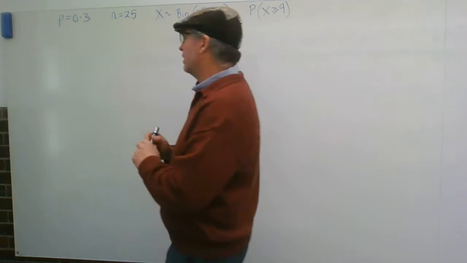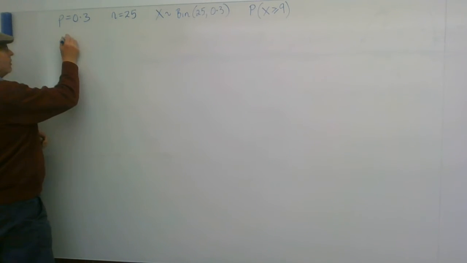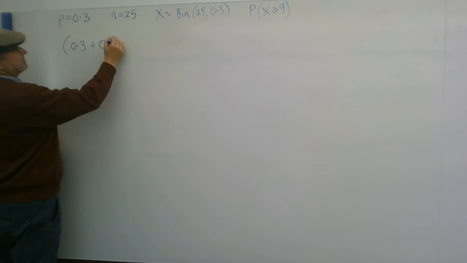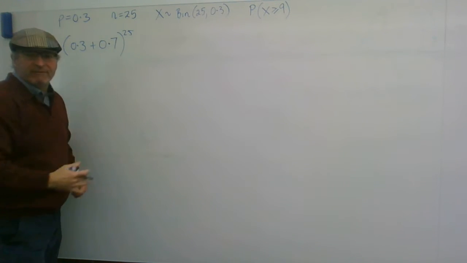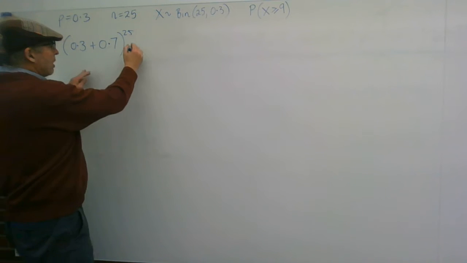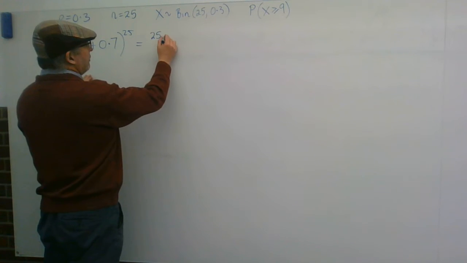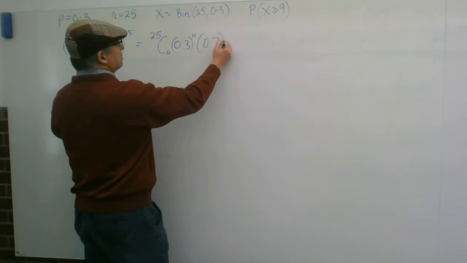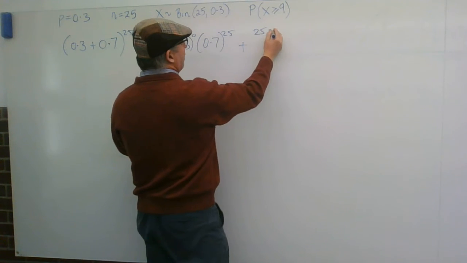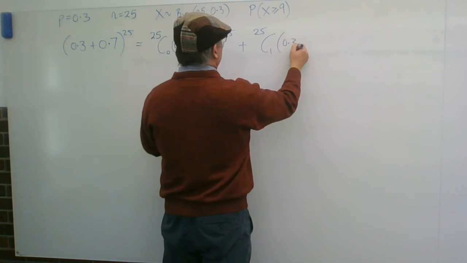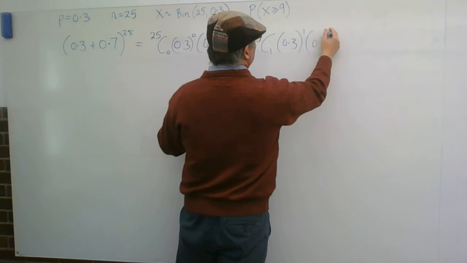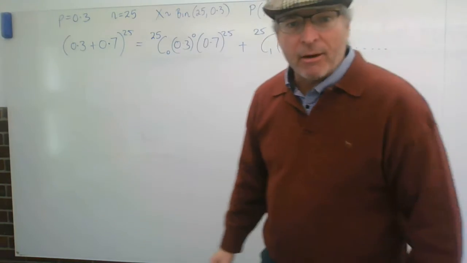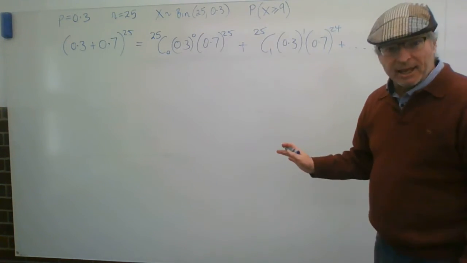I'll explain what I mean. This is a binomial, so success is 0.3, failure is 0.7, and it's to the power of 25. When you go along, you get 25C0 times 0.3 to the 0 times 0.7 to the 25, plus 25C1 times 0.3 to the 1 times 0.7 to the 24, plus... You know how many there are of those? 26, right?